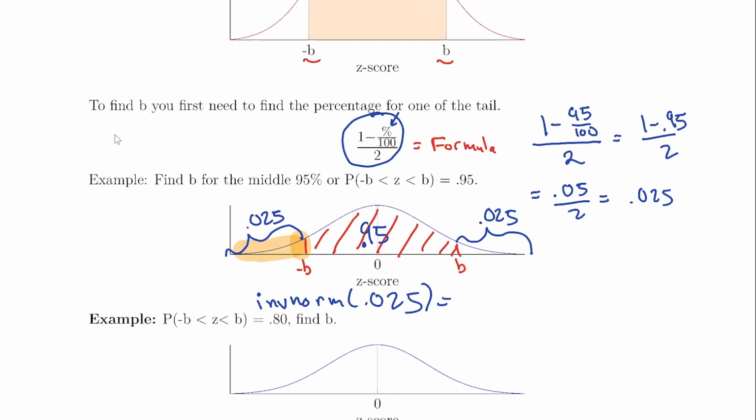If you want to use that formula, you want to convert the percentage into a decimal. That's why you do 95 divided by 100. All right, so let's do inverse norm 0.025 on the TI-84.